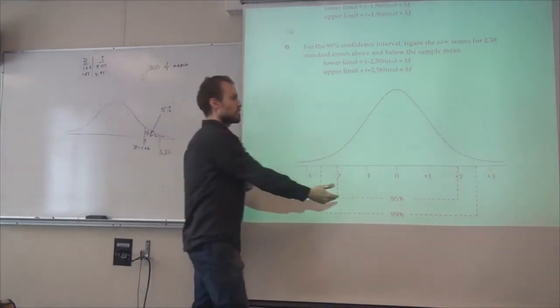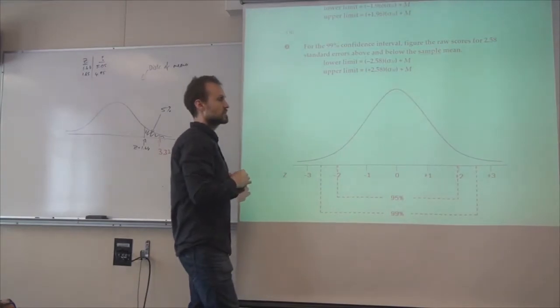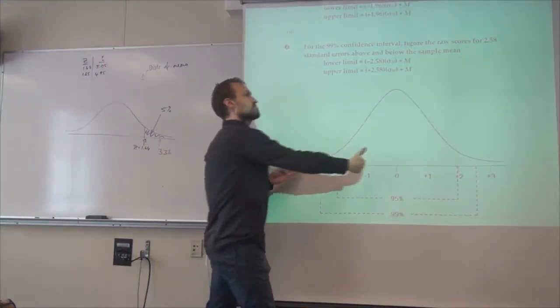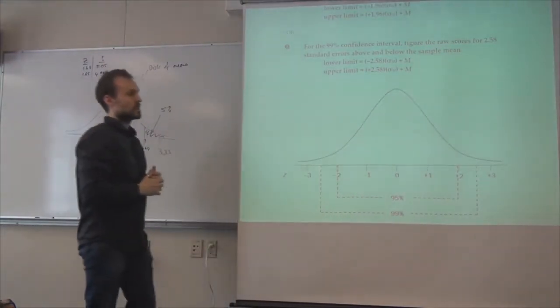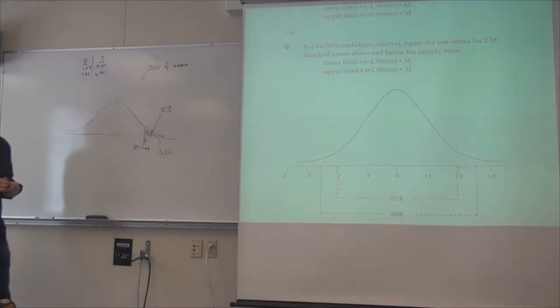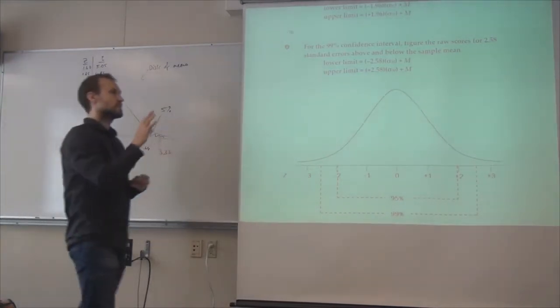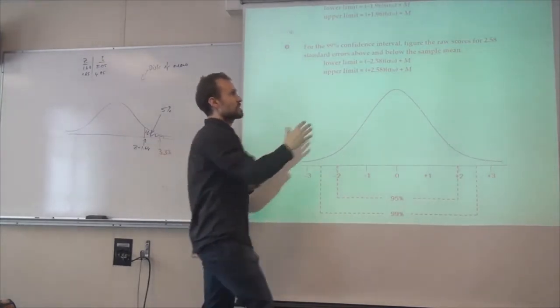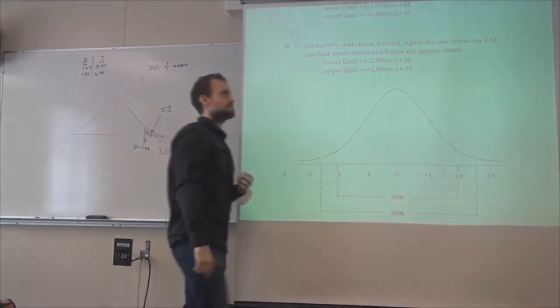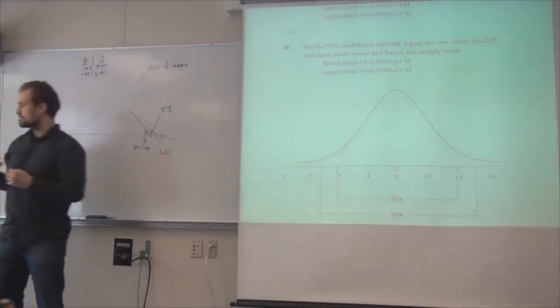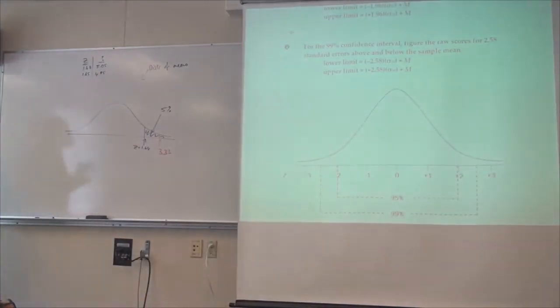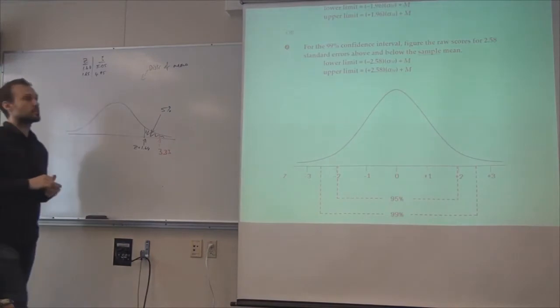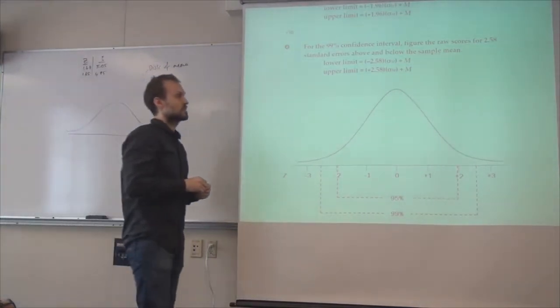If I want to be more confident in containing the mean, then I have to stretch that a little bit to cover the corresponding percentage. I'm not sure exactly where the mean is, because my sample is only one value. My sample could be a little off from what the new population mean actually is.